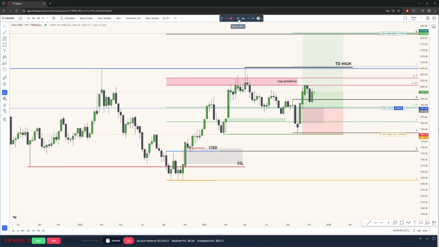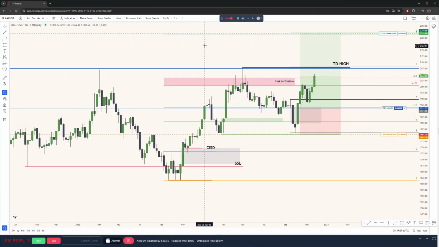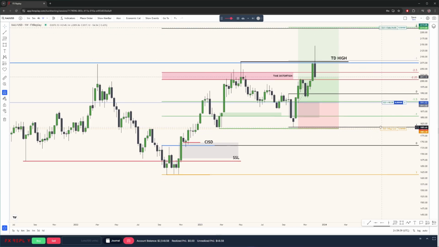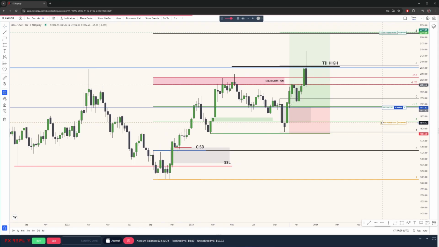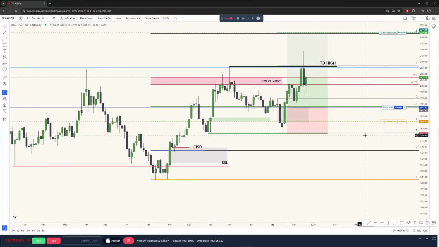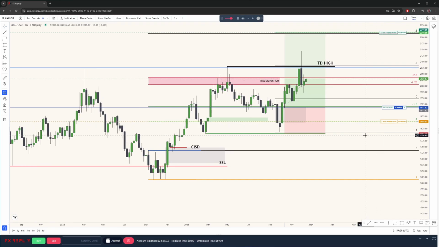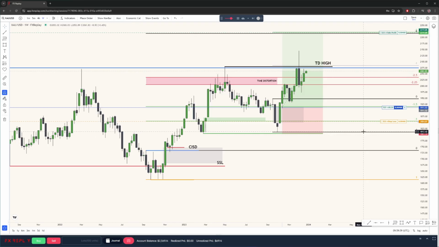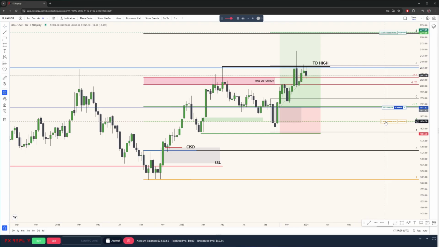Let's see. So far, so good. I like it. Still inside this range. I'm going to move my stop right here. Well. So far, so good.